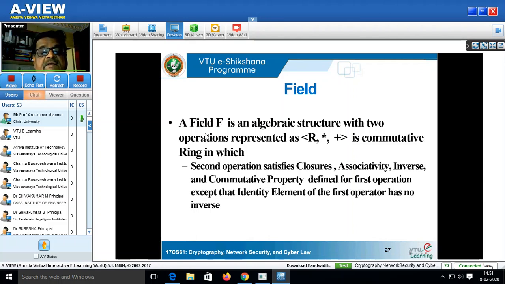Means ring by nature it is commutative, the field by nature is a commutative ring. Along with that, one more condition is the identity element of the first operator shall not have any inverse. Except this, it has to fulfill the remaining four properties.